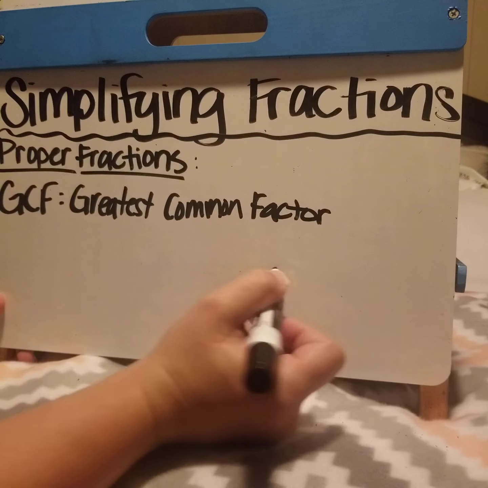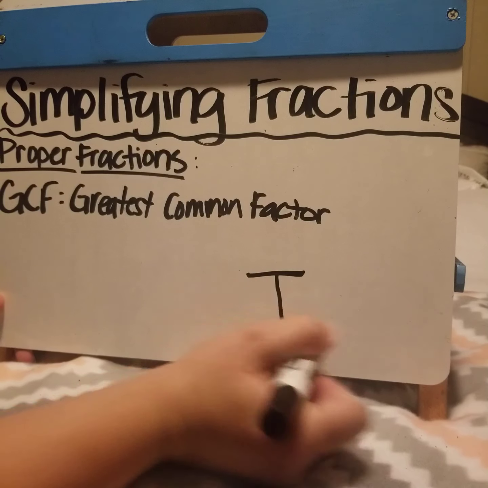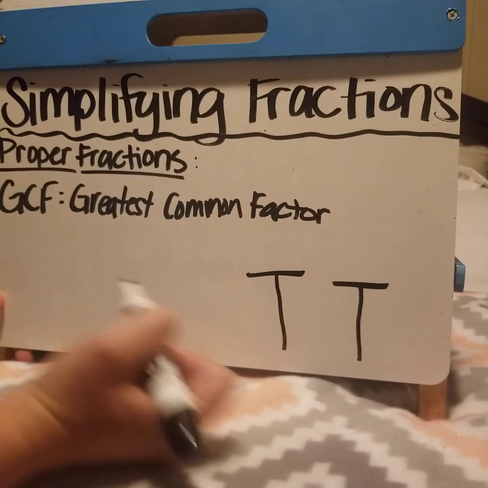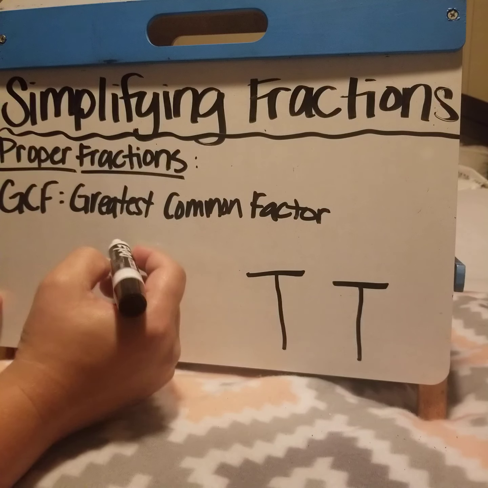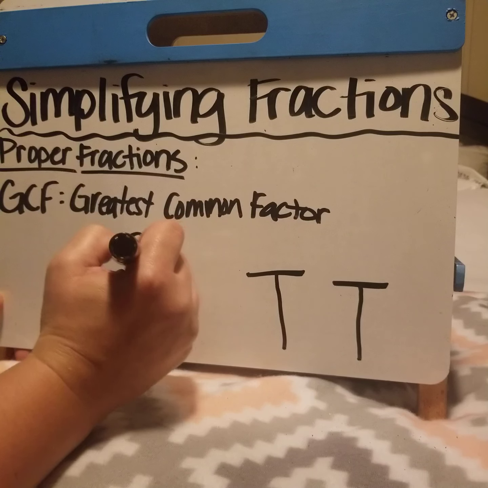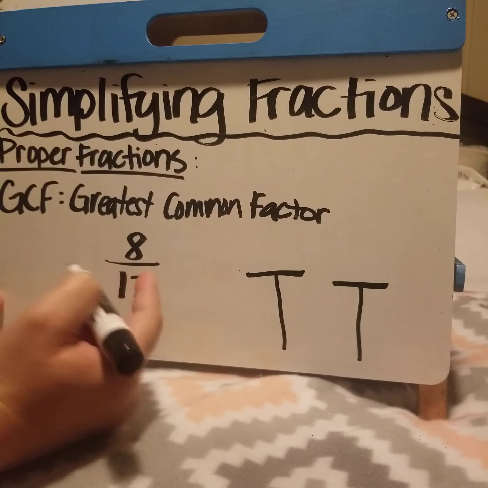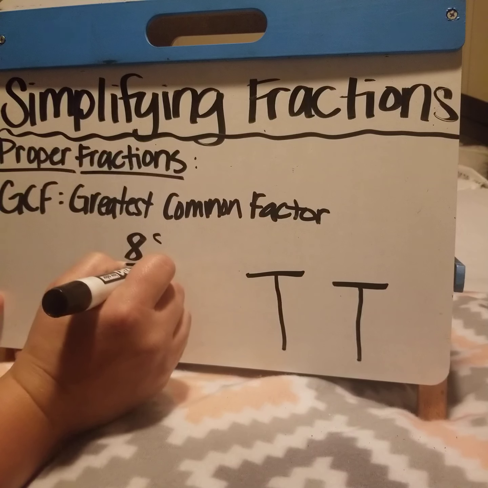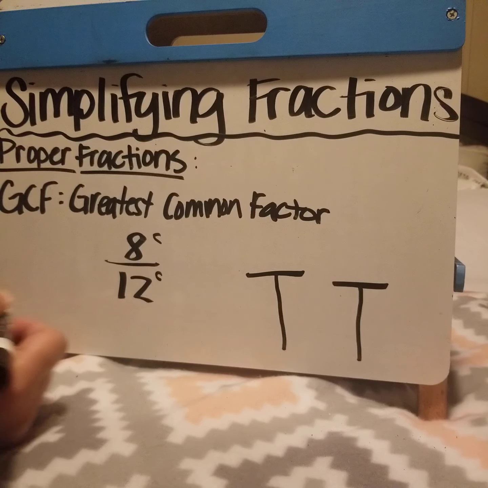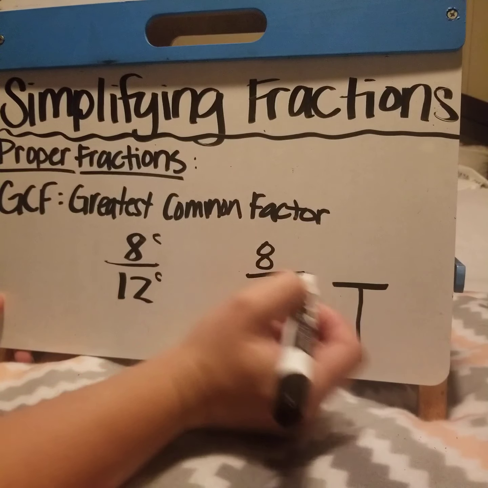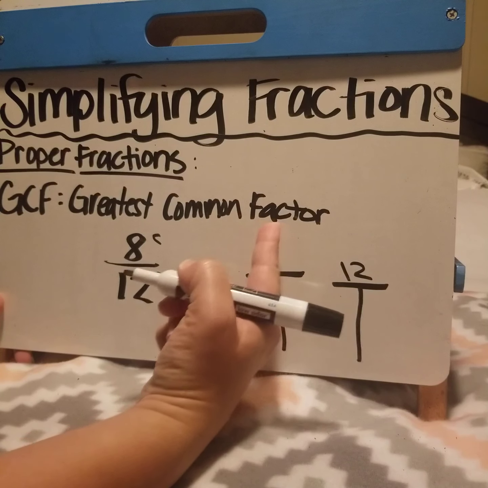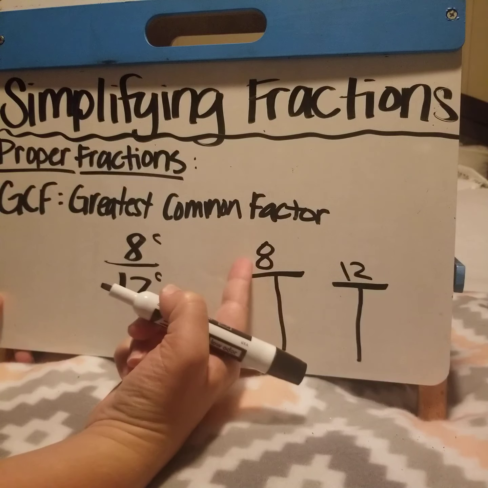Okay, so remember we do our factor trees like this. So for example, if we had the fraction 8/12, we know that both of these numbers are composite because they have more than two factors. So I would do my 8s and my 12s, and factors are the numbers that you multiply to get this product.